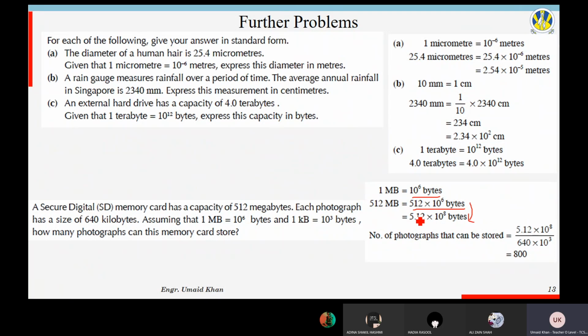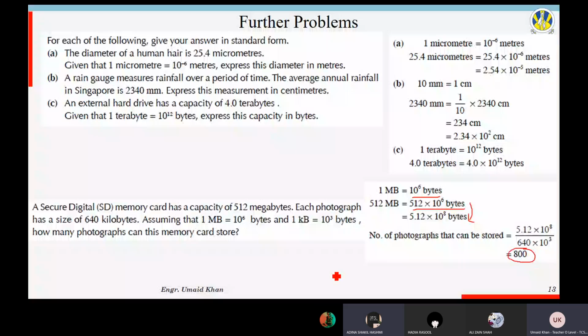So it is 512 into 10 raised to the power 6 and that is 5.12 into 10 raised to the power 8. Sir, why didn't we convert 640 to standard form? Because it is easier to divide 5.12 by 640 on a calculator. That might be the reason. You can also convert it to standard form. So if you divide it, you will get this answer 800.